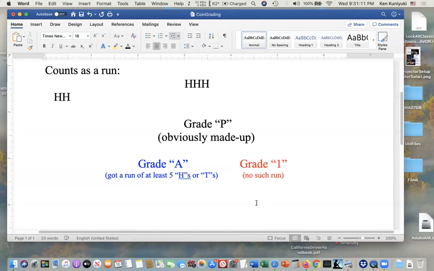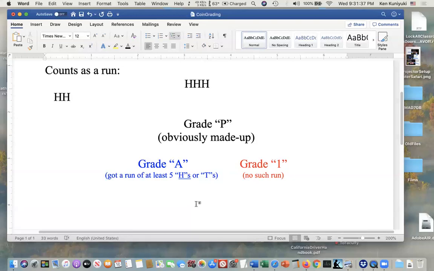Now, what I mean by American Idol is, what about the P papers, the people with the obvious patterns, the people who got it from their head? Basically, I'm trying to figure out, it's a discrimination rule, which group of people made the sequence up in their heads and did not flip the coin or go to the website.